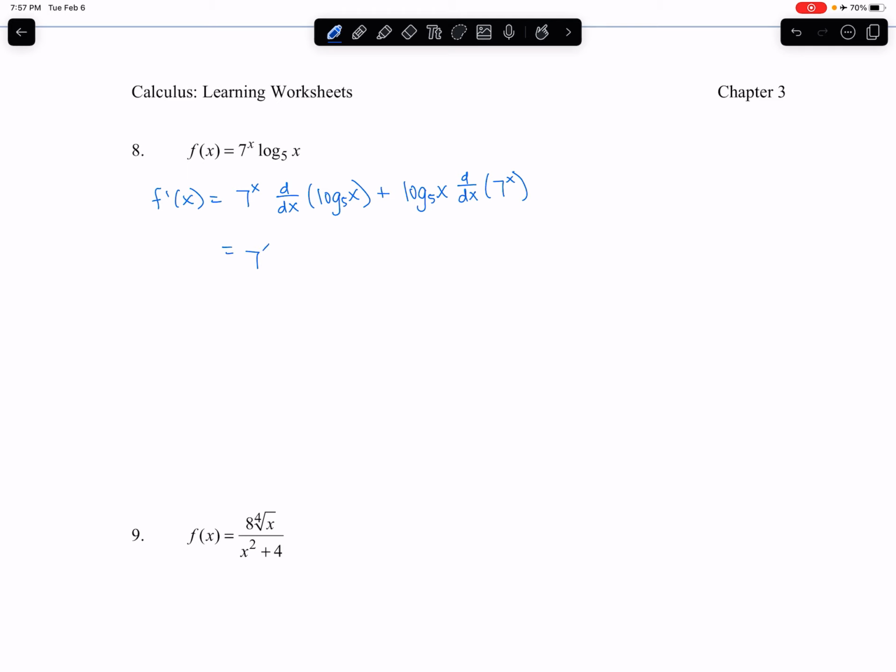So we'll have 7 to the x. The derivative of log base 5 of x is going to be 1 over natural log of 5 times 1 over x, plus log base 5 of x, and the derivative of 7 to the x will be 7 to the x natural log of 7.